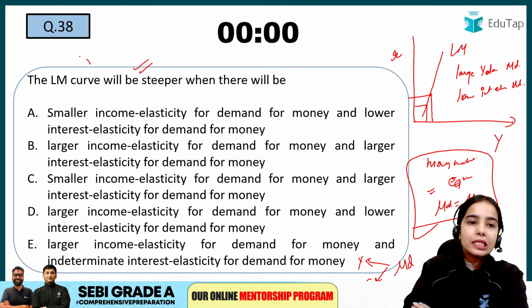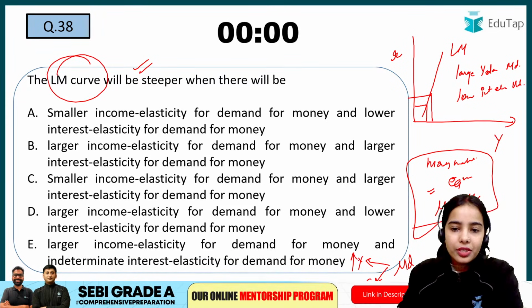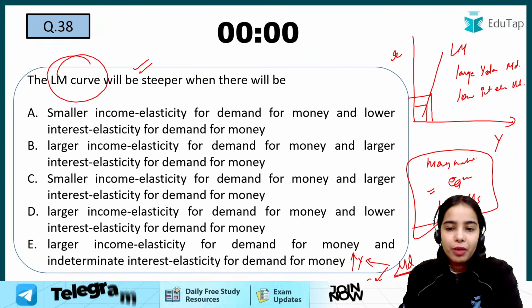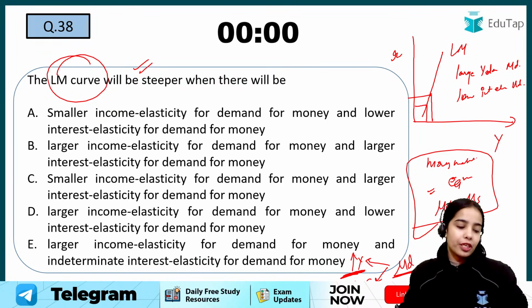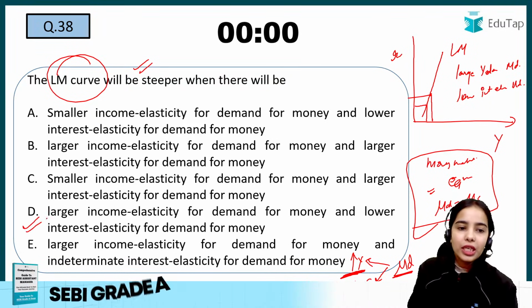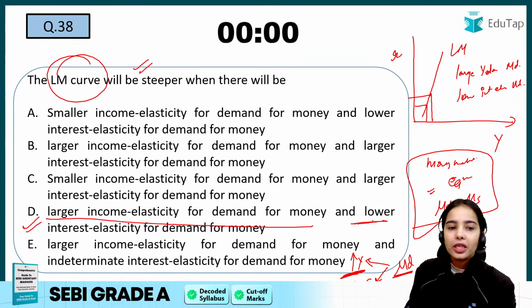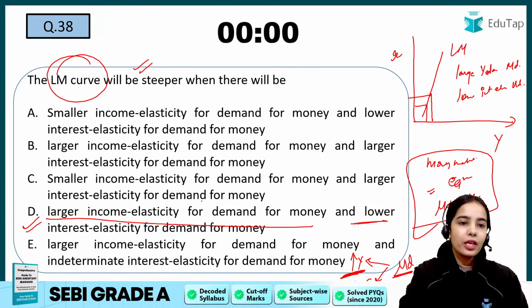So the income elasticity of demand for money should be high: demand for money should change more with the level of income, and should be less dependent on the rate of interest. So D is the answer.